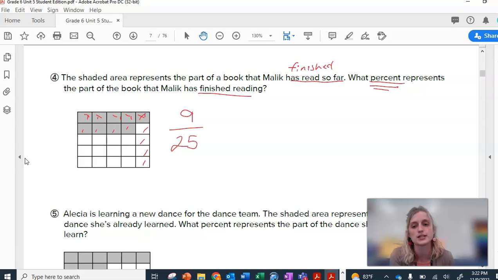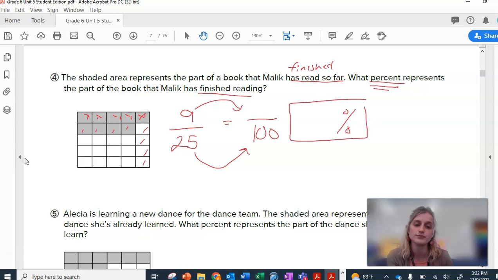You can't make a percent out of 25ths. Percents are out of 100. So decide what you're going to multiply by. That's still not your answer. You then have to change that into a percent. That's what I want, a percent.